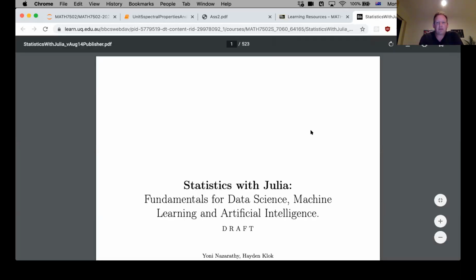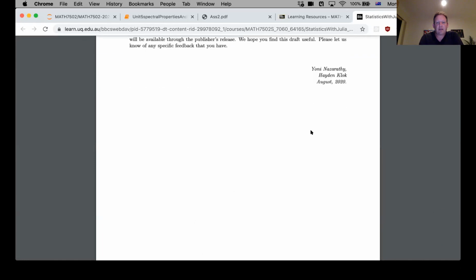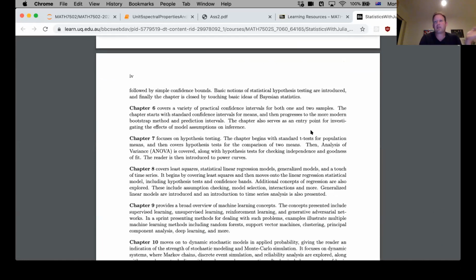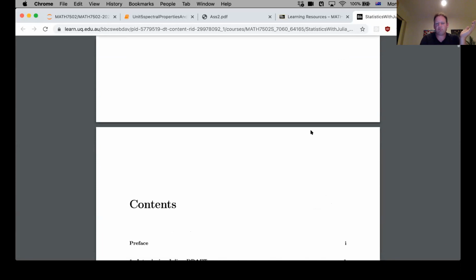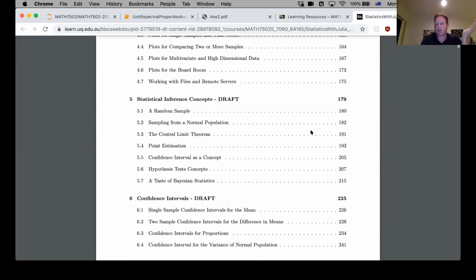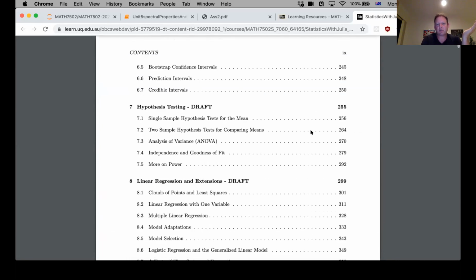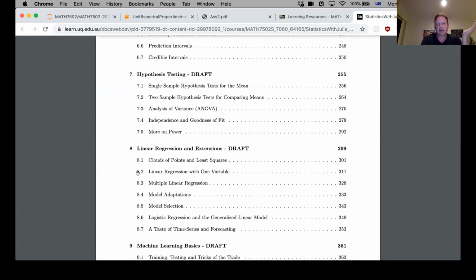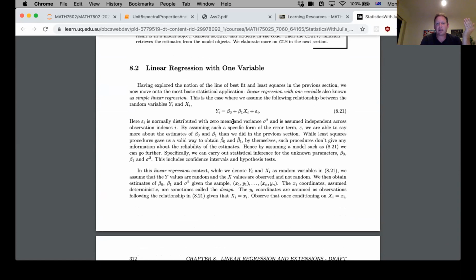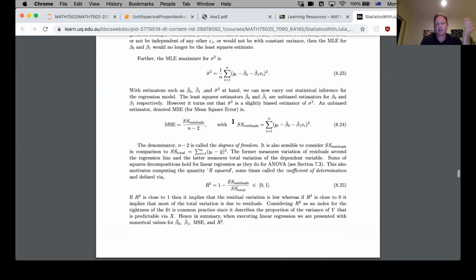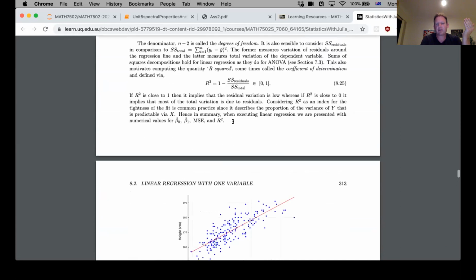The reason this is there is that this book contains more than what we need and does not contain a lot of the material of the course. It's mostly not a book for the course, but there are a few references to chapter 8, linear regressions and extensions, in the assignment.